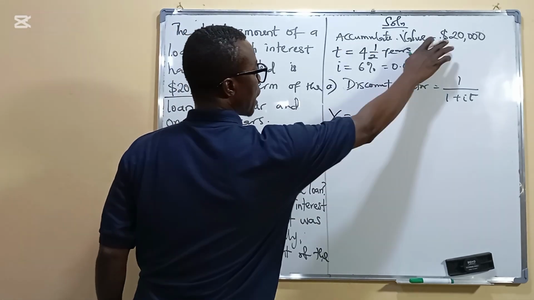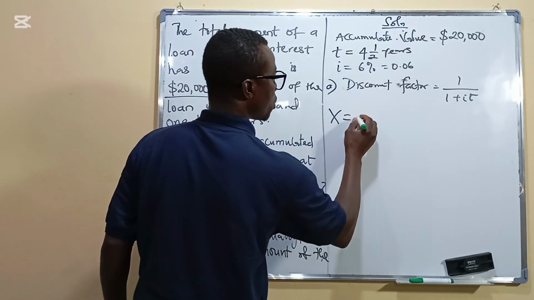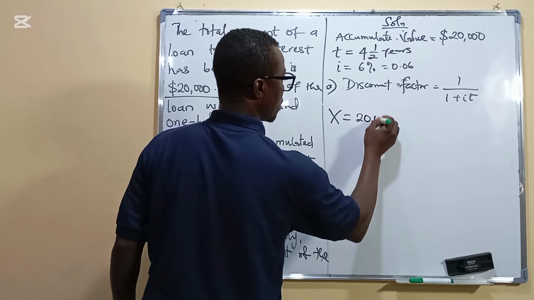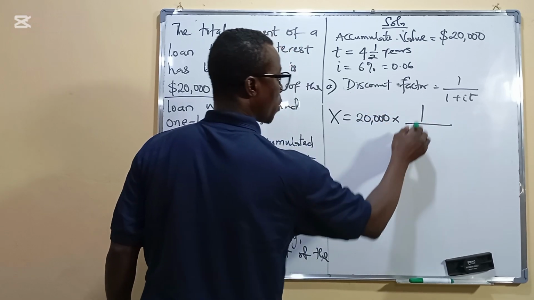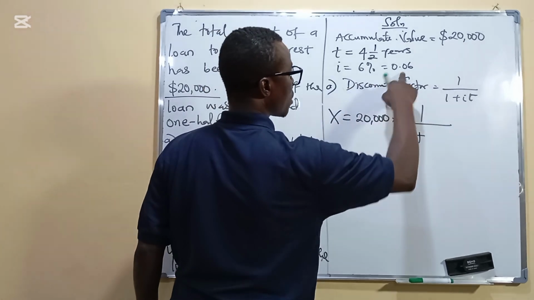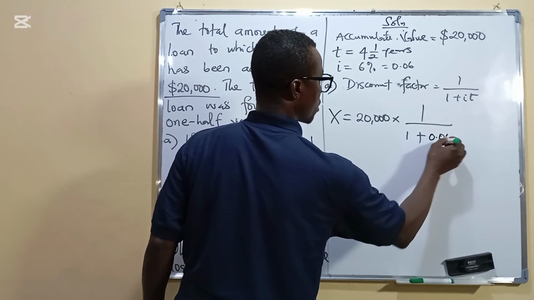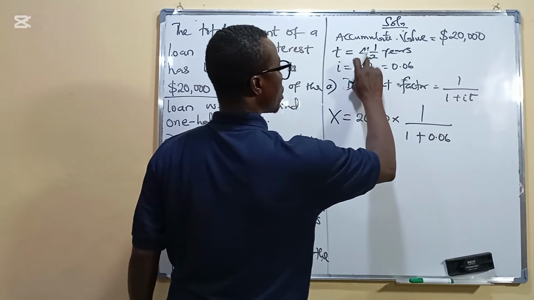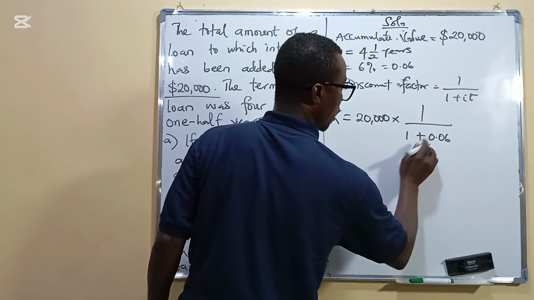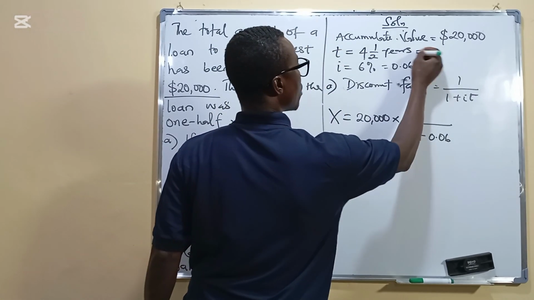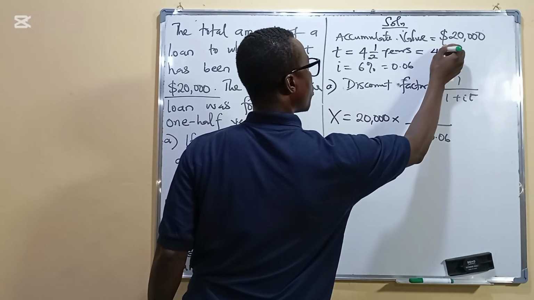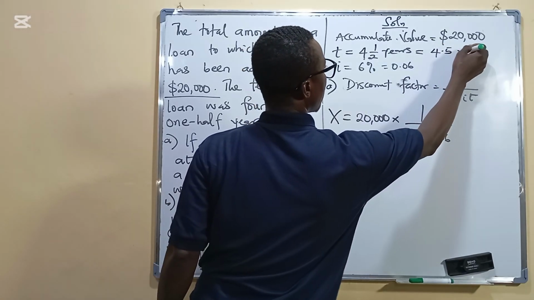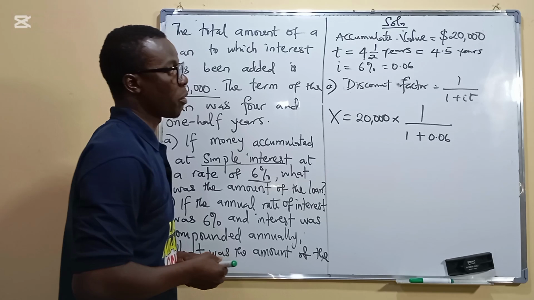So X is going to be the accumulated value, which is 20,000 times 1 over 1 plus I, which is 6%. So I have 0.06, and then my T, which is 4.5 years. So how am I going to put this? I could take it as 4.5 years.